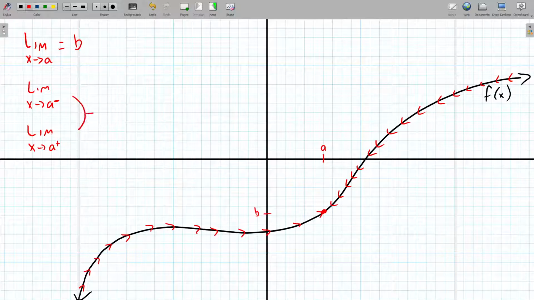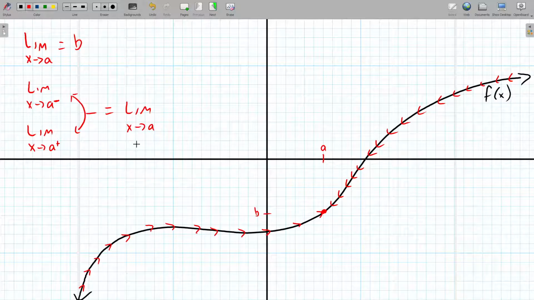Now, if these two are equal, right, the limit as x approaches a from the left is equal to the limit as x approaches a from the right, then it's equal to the limit as x approaches a from both sides.